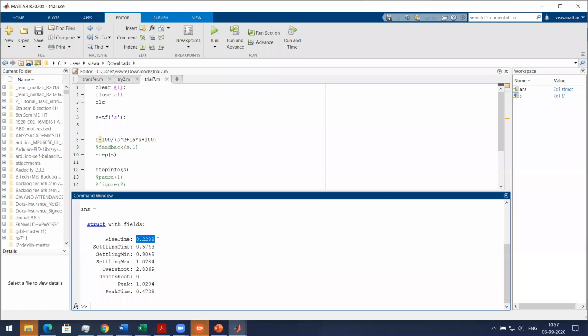That is usually taken for an overdamped system, but MATLAB takes it for all, as 0.2288. That's why you see a change in the rise time value from what we calculated and what MATLAB is giving.